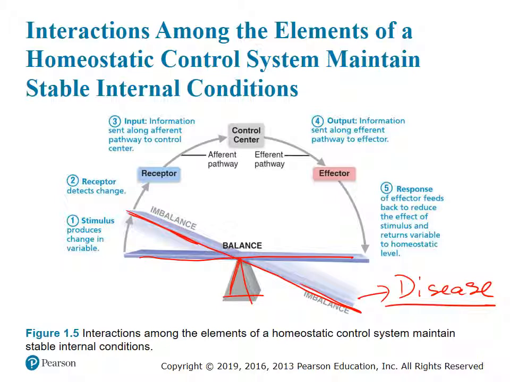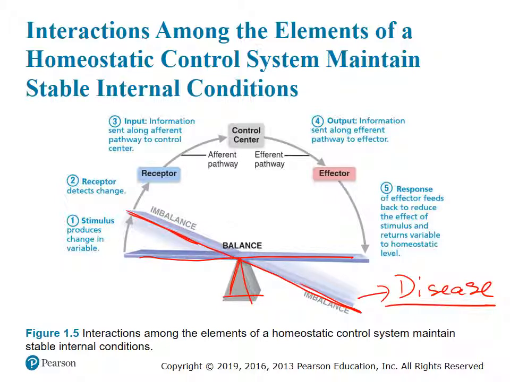When you see a disease, the balancing beam is usually stuck here or stuck the other way. It can be too low or too high, whatever it is, but it's stuck there. And your job as clinicians is to get that balancing beam back, to try to get it to here. Because sometimes the body's internal controls might not be there, or might be malfunctioning or not helping whatsoever.